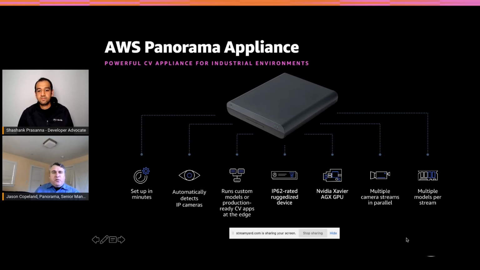We've built it on the top of the line Xavier embedded GPU, the Xavier AGX. This is a really powerful GPU that allows you to process multiple video streams at once with multiple complex models. I think it has hardware encoding and decoding engines.